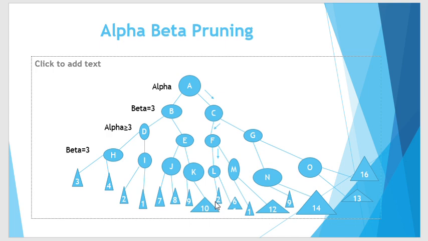Here the minimum value is 3, so if max chooses this path, he knows that he will get a profit of at least 3, and if he chooses the other path, he will get a profit of 2 only. When I have already found a path with more profit, I will not even explore the less profitable path. This is actually the summary of alpha beta pruning.